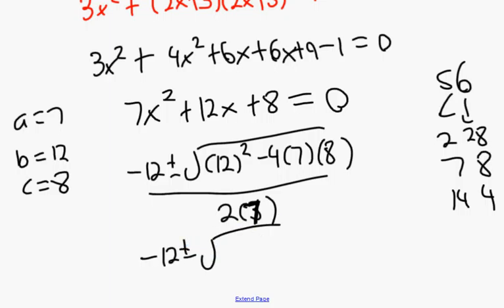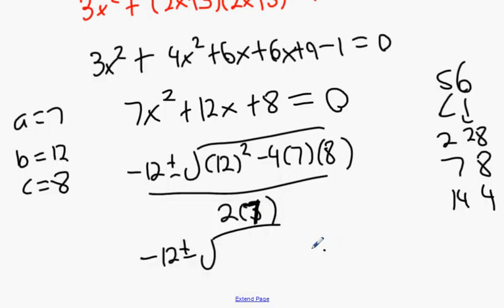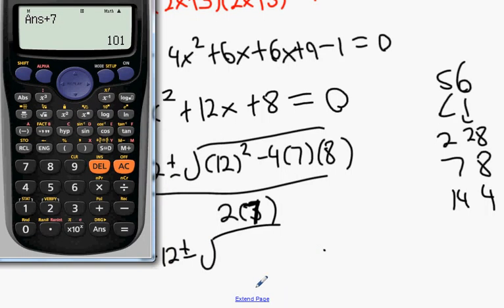It's going to be a minus number. Or is it? Is it math error again? Oh, yes. 12 squared minus 4 bracket 7 bracket 8.